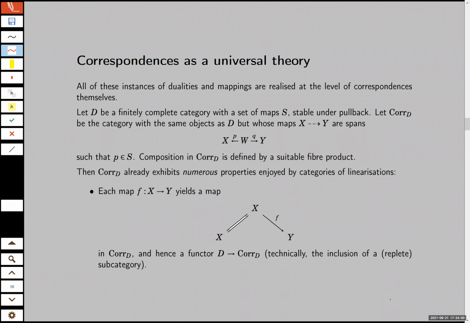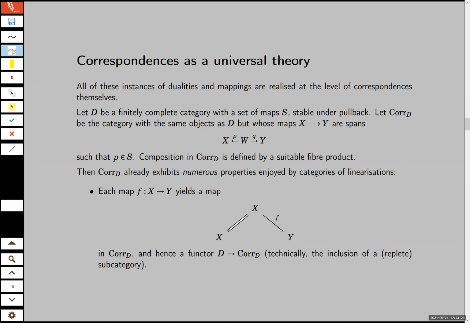So here's the setup. We're going to start with a finitely complete category D. Again, I'm leaving the specification of what kind of category until a bit later. Of course, it's going to be an infinity category in the end, but it's already interesting when this is just a 1-category. And I'm going to equip it with a set S of maps stable under pullback.